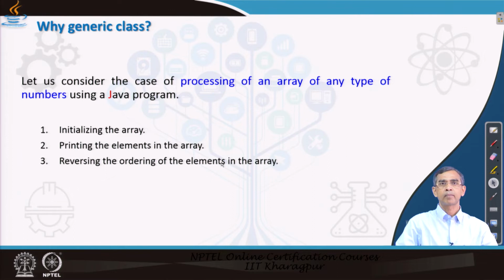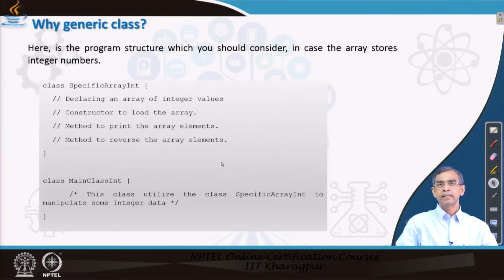This is basically the structure of the program that you should have in order to deal with this, and in this case we are only considering that the elements should be stored in the array as integer. So, we can write a program, and the name of the class for example can be SpecificArrayInt.